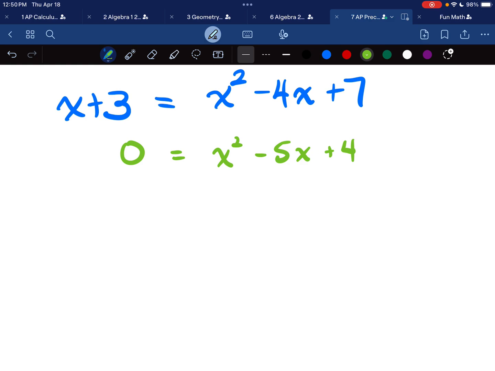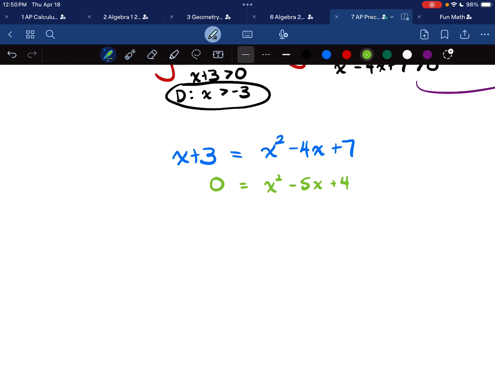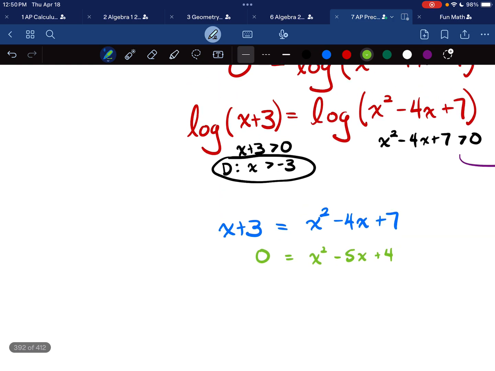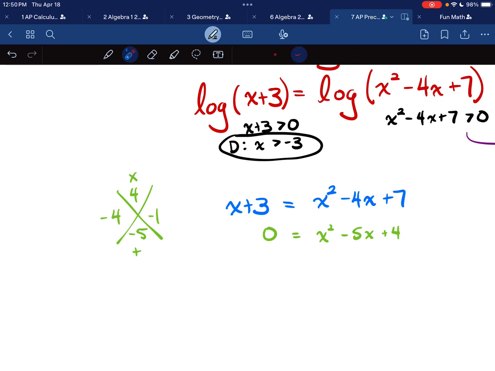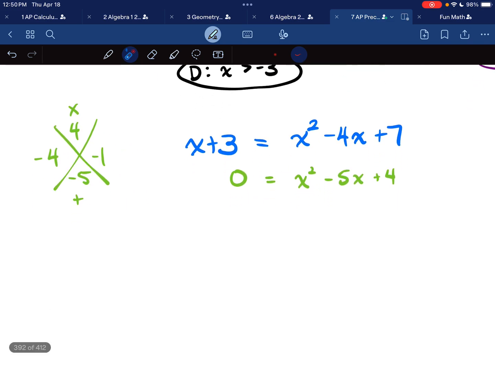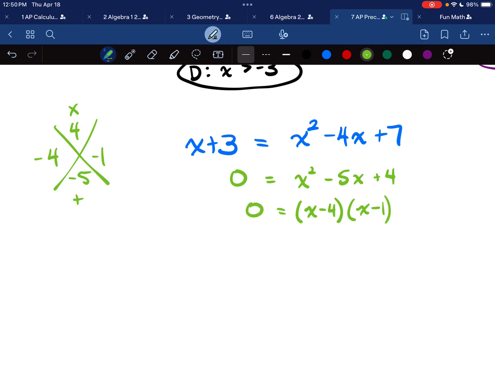This one comes out nicely because if I do a ninja star, do I have enough room? Definitely have enough room. So if I ninja star this thing, what multiplies to 4 and adds to negative 5? 4 and 1, they're both negative. They multiply to a positive 4 and add to a negative 5, which means this factors to x minus 4 and x minus 1 is equal to 0.